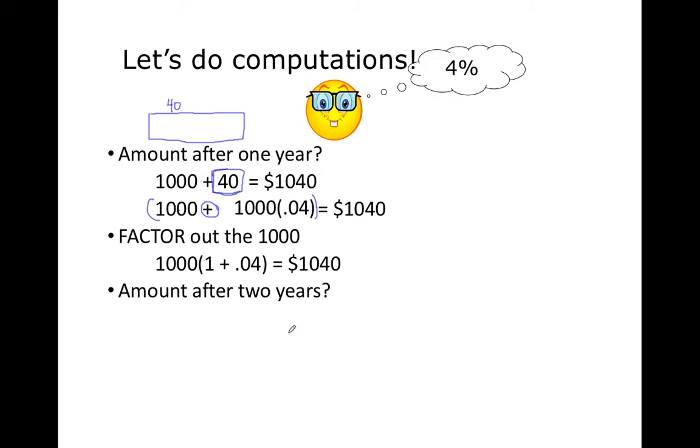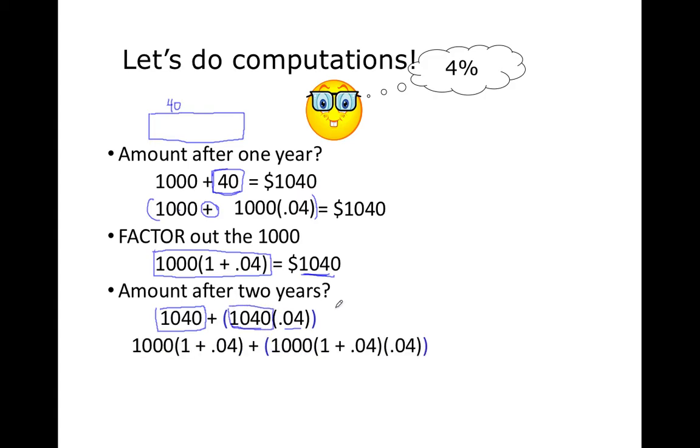Now I'm going to do the next year. So the next year, don't forget, you start with 1,040, and then I added 1,040 times 0.04. But I'm going to do something crazy. I'm going to take this 1,040 and replace it here and here. That's just algebra, right?